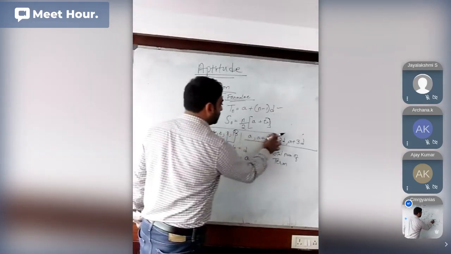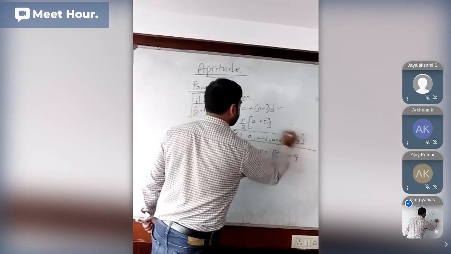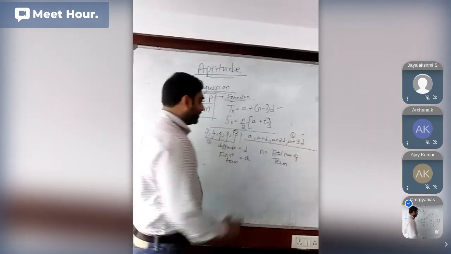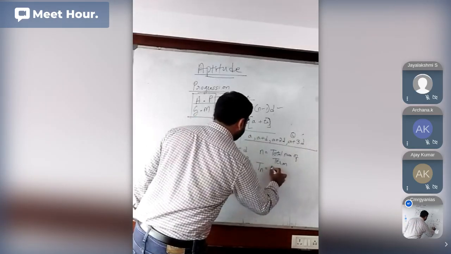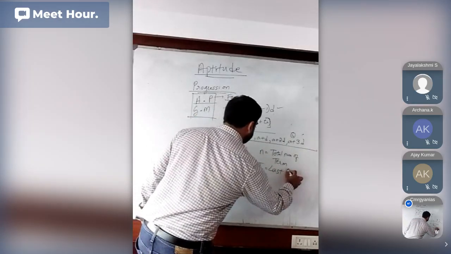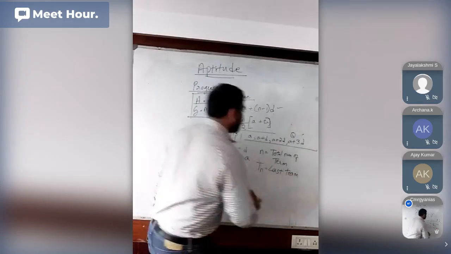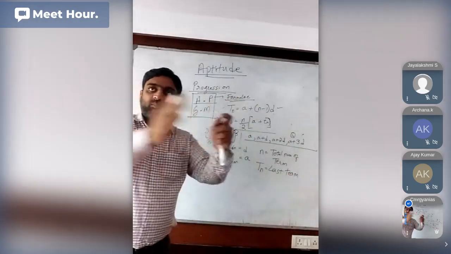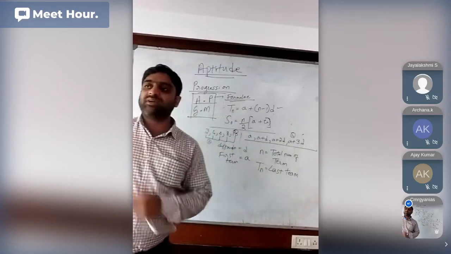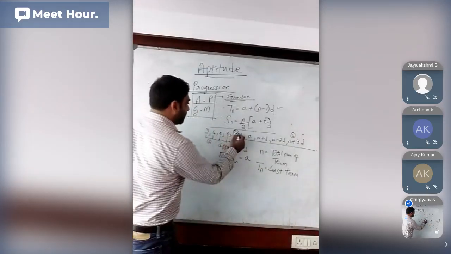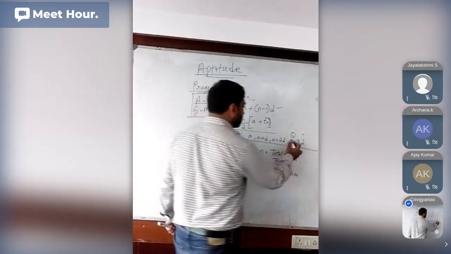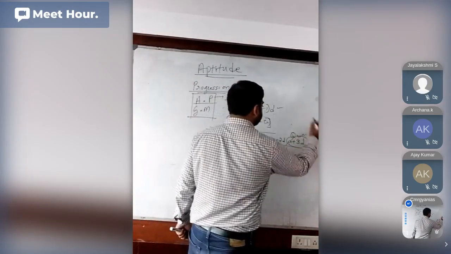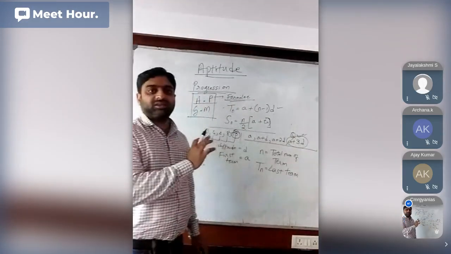Here 1, 2, 3, 4, N is equal to 4 here. And then what is this Tn? Tn means the last term of the entire progression. So here 10 is Tn. In this, A plus 3D is Tn.